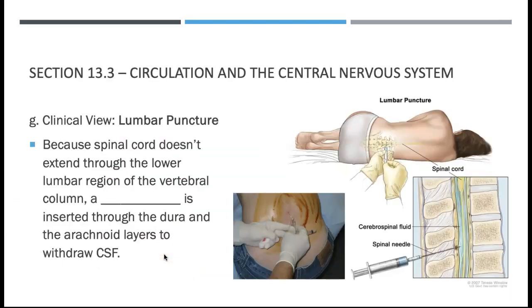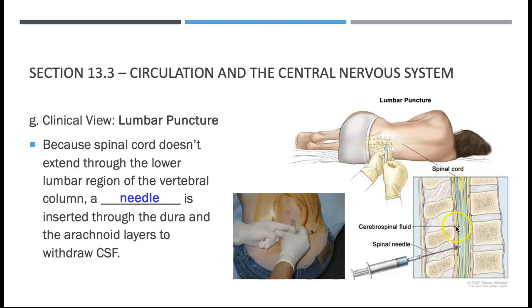A little bit of a clinical view here on a lumbar puncture. Because our spinal cord doesn't extend throughout the entire length of our vertebral column, we are able to put a needle in through the dura and the arachnoid mater layers so that we can withdraw CSF. If you remember, the conus medullaris ended at L2.